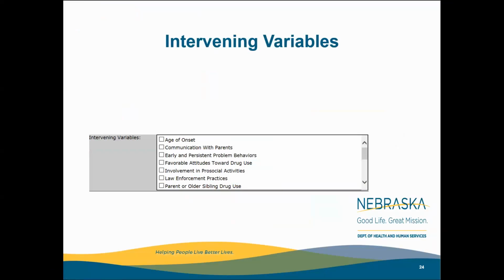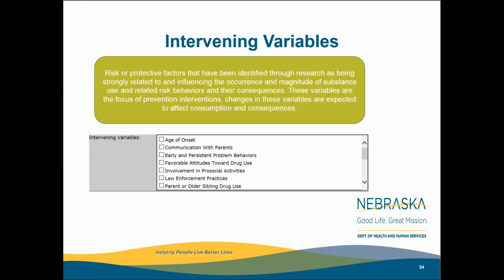So intervening variables, these are things that should be on your work plan. And they are the things that we know research shows increase or decrease the occurrence and magnitude of substance use and risk-related behaviors. So these are the things that are in between something like a child and their childhood and what's happening to them and them engaging in a risk behavior.